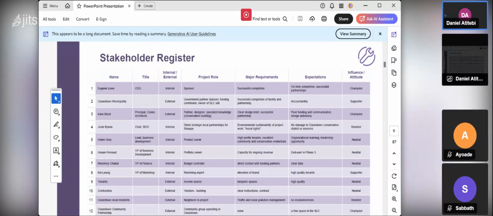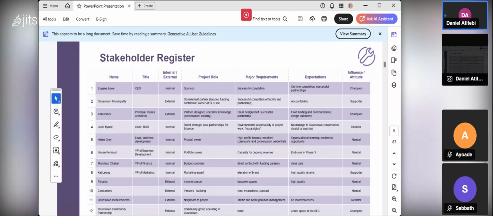What is his own expectation? What is the expectation of Mr. Eugene? He wants the project to be done on time, on-time completion. He's talking about scheduling. It's important for him that you are able to meet all the deadlines as and when the project or the activities of the project are supposed to be delivered.